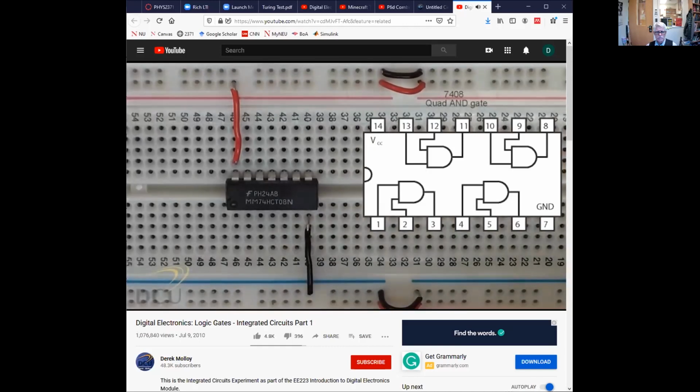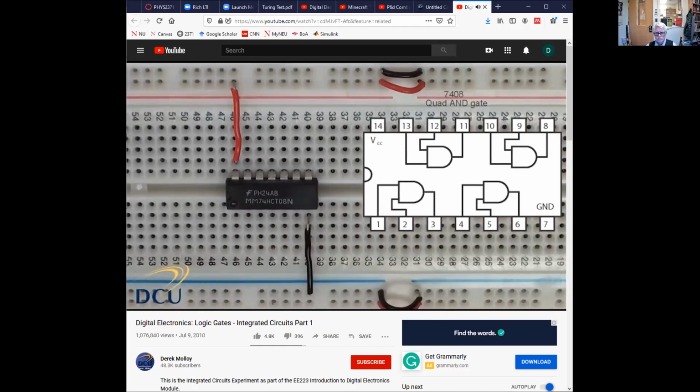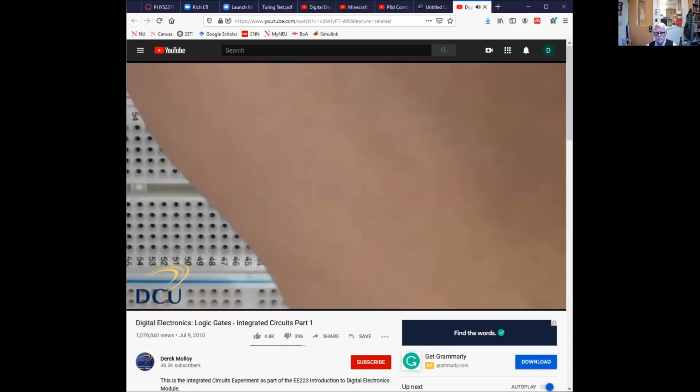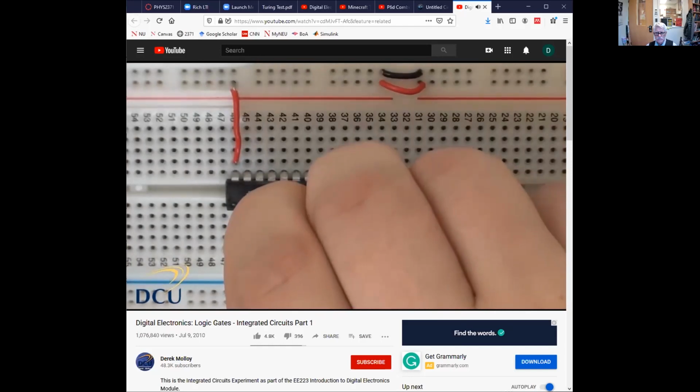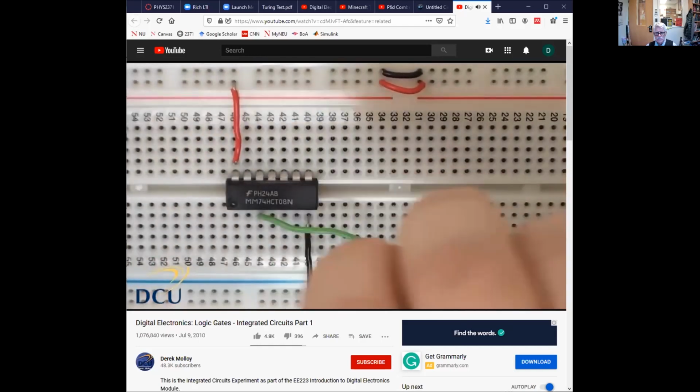And then we have our inputs on pins 1 and 2. Again, we can tell our first pin by the circle that's just visible there on the top of the chip. We have pins 1 and 2 as our inputs, and pin 3 as our output. So we need some way of seeing our output, so we're going to use an LED on pin 3.